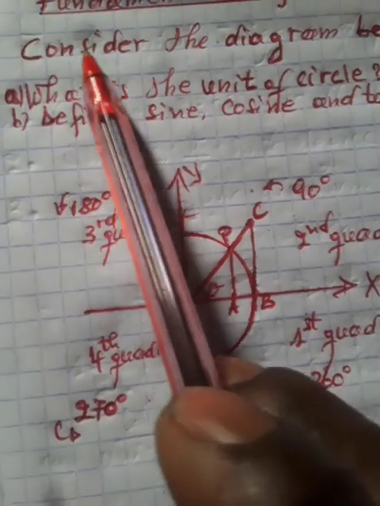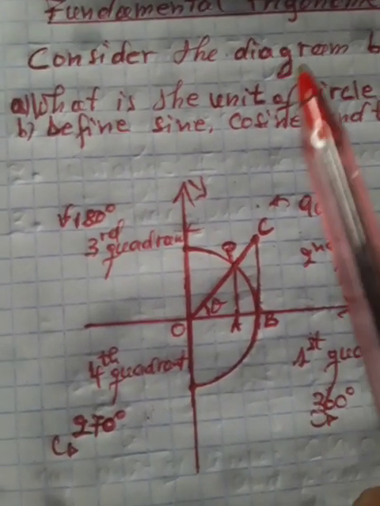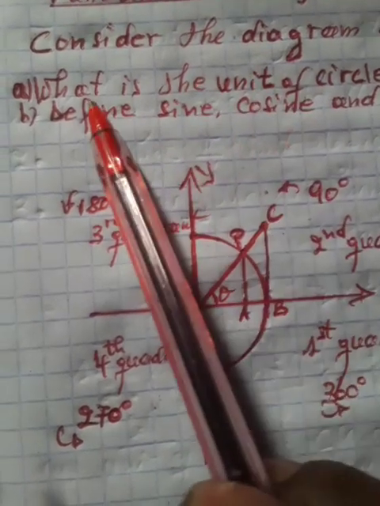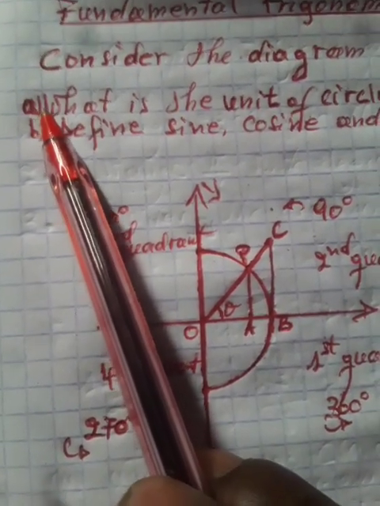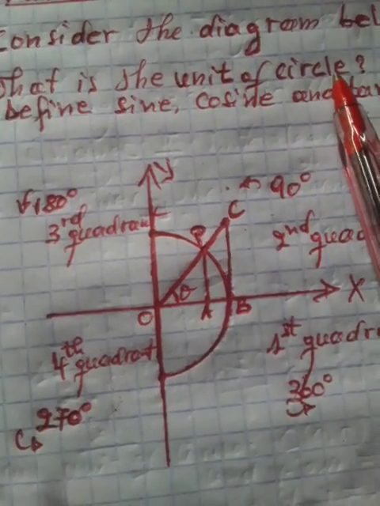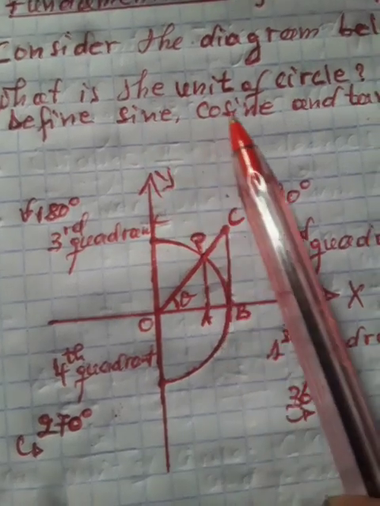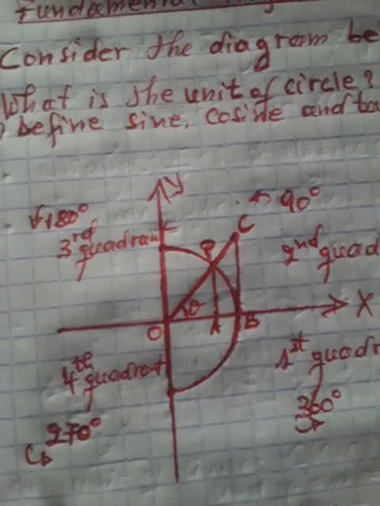After answering, the following questions are: A. What is the unit circle? B. Define sine, cosine and tangent.